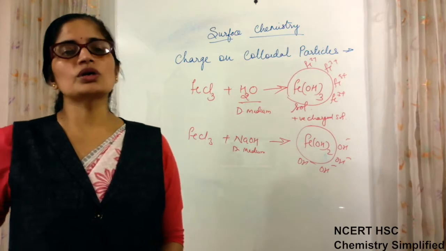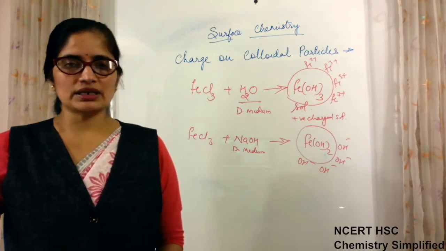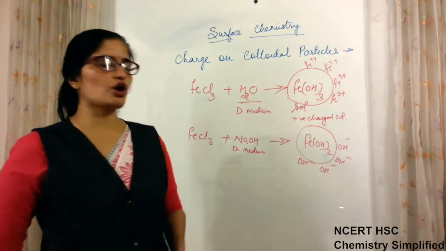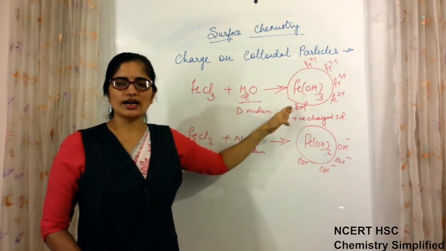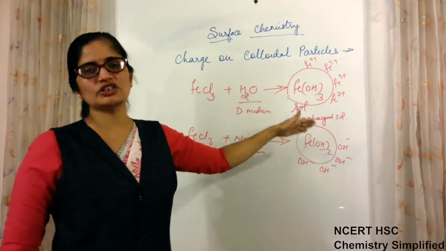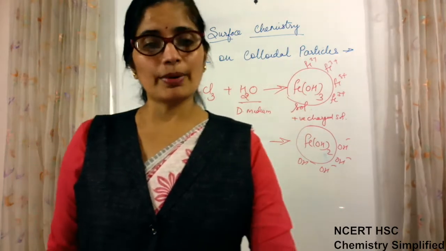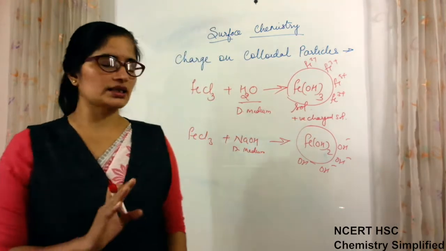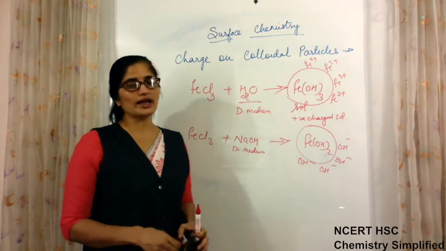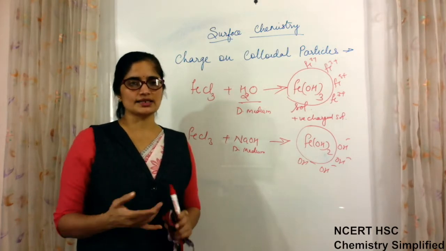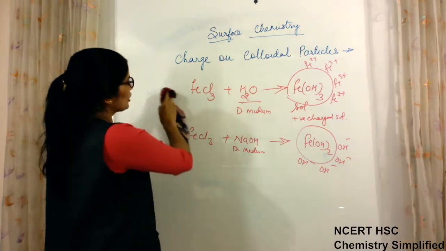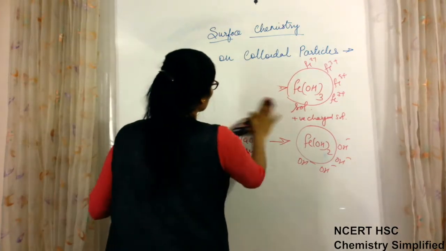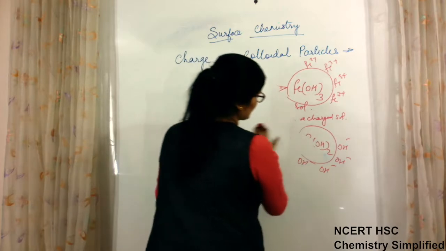Okay, so depending on the dispersion medium and the type of adsorption that takes place on the surface of the colloidal particle, the sol may be positively charged or negatively charged, but it is true that it will have one of the two charges, either positive or negative. Clear? So this is about charge on colloidal particles.